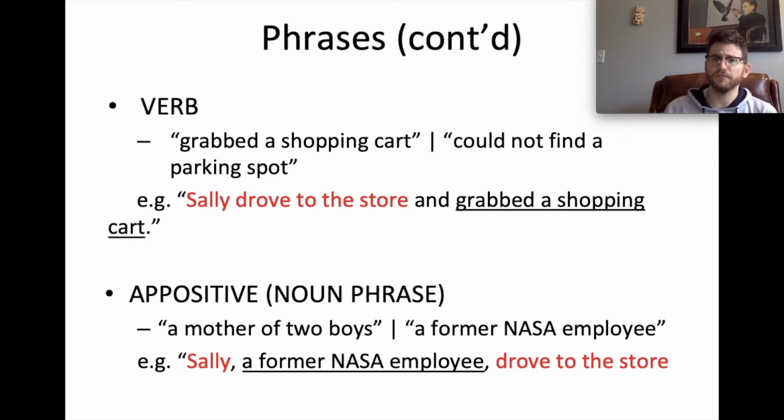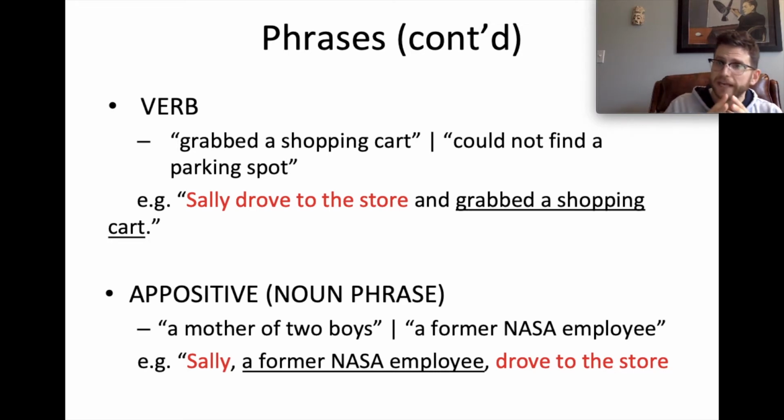In the case of could not find a parking spot, could is what's called an auxiliary verb, or it's also what's called a modal. I think we talked about that in the verb video. Find really is my main verb there, but the two of them are working together. In both cases, they're missing subjects, so that's what makes them phrases.